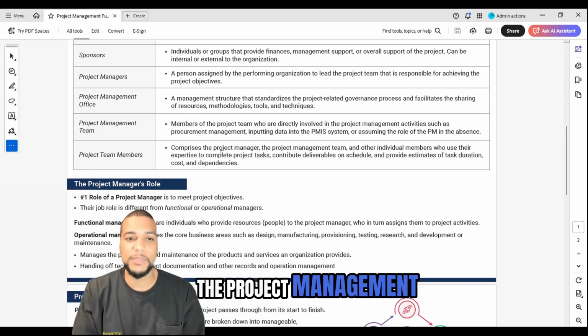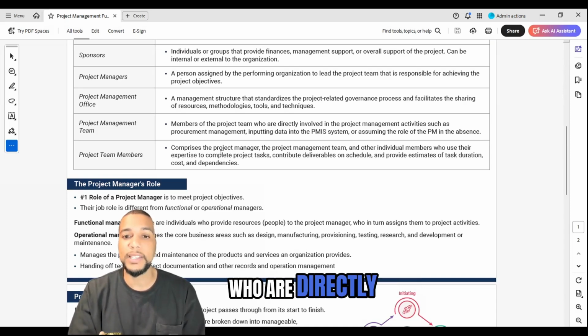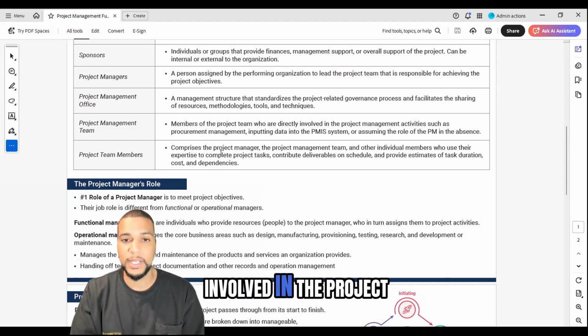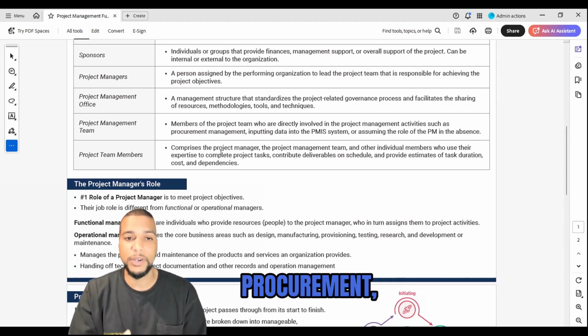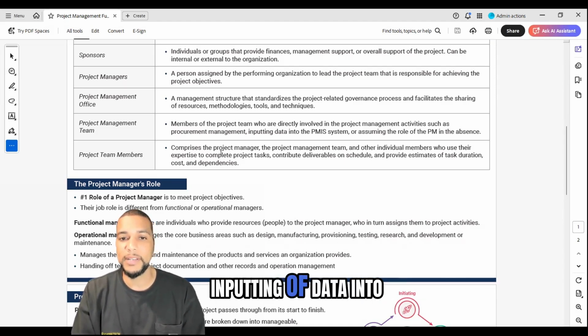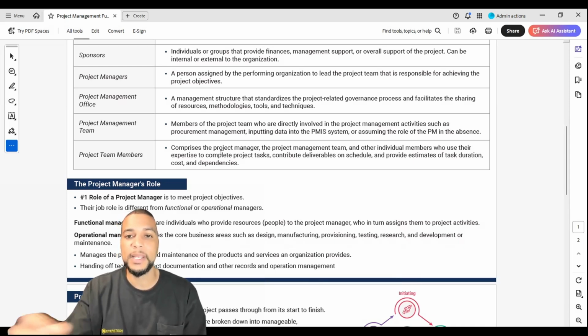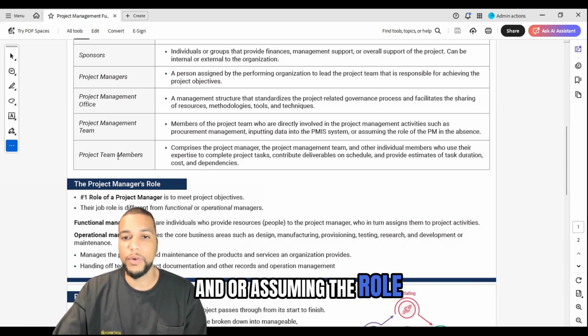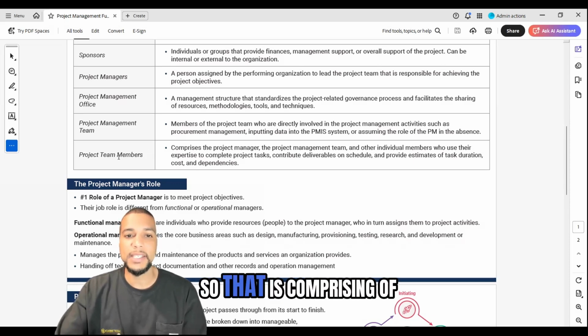The project management team comprises members who are directly involved in the project management activities, and also the procurement management, inputting of data into the project management information system, that is the PMIS, and or assuming the role of the PM in the absence. So that is comprising any of the team.